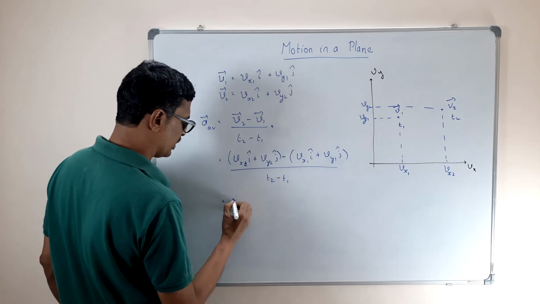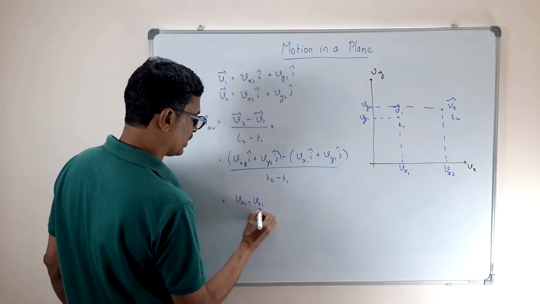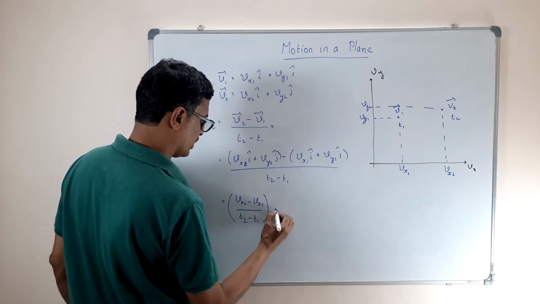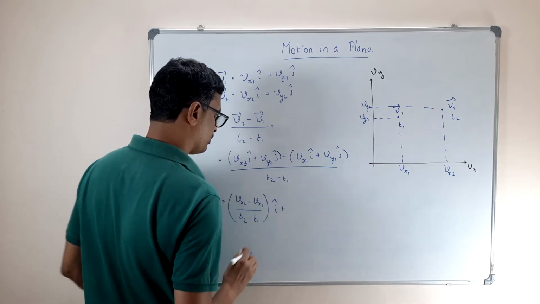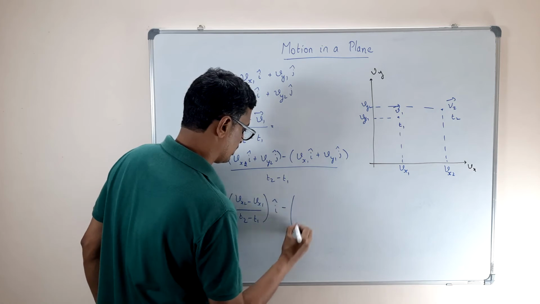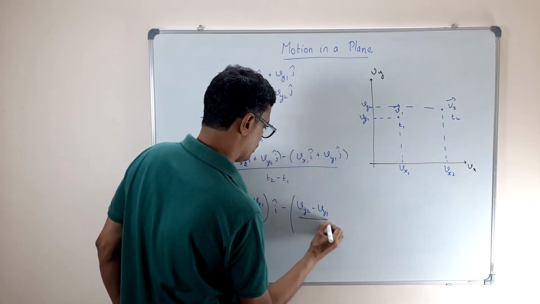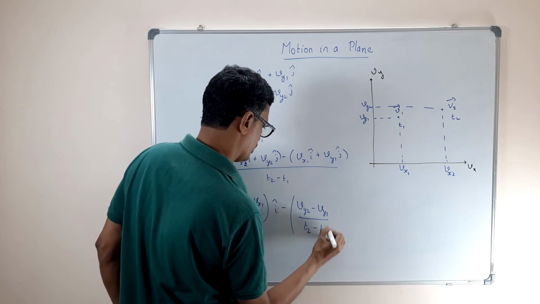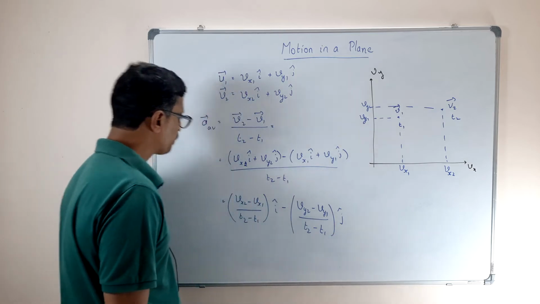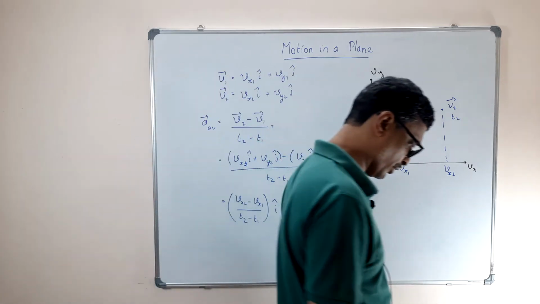So we can write it as vx2 minus vx1 divided by t2 minus t1 times i cap, plus vy2 minus vy1 divided by t2 minus t1 times j cap. Got it? So this is the average acceleration, which can be resolved into two components.